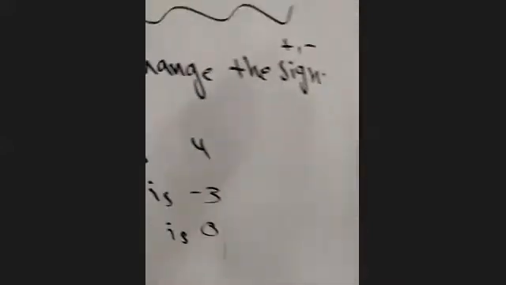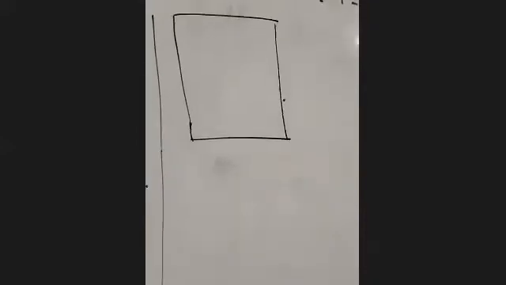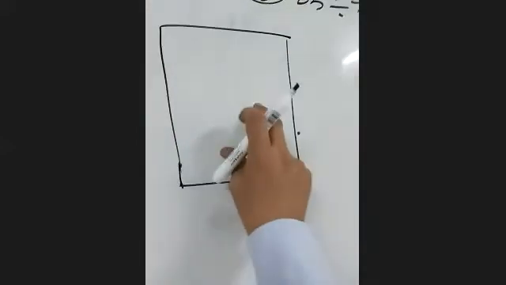Example 1. Sultan, read. Before we go to example 1, sorry, I need you to copy this square here in your copy book. Now look here, guys, what I will write inside this square.